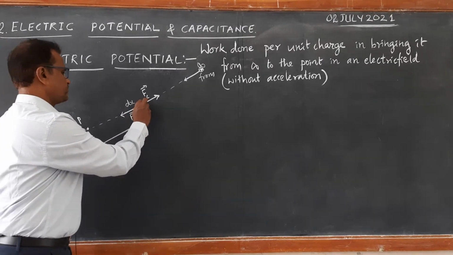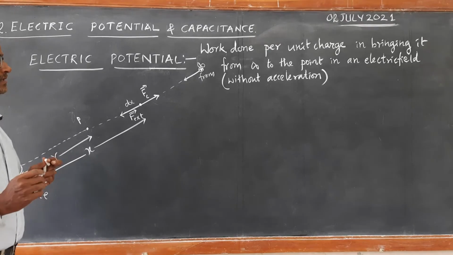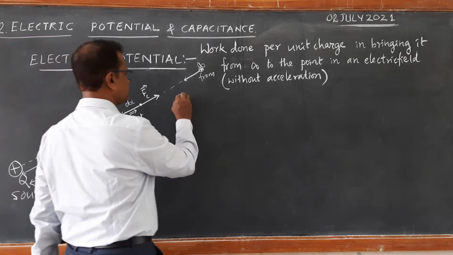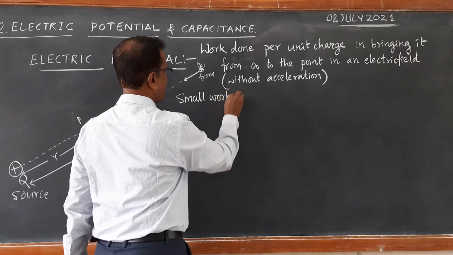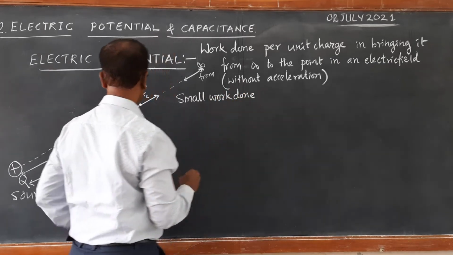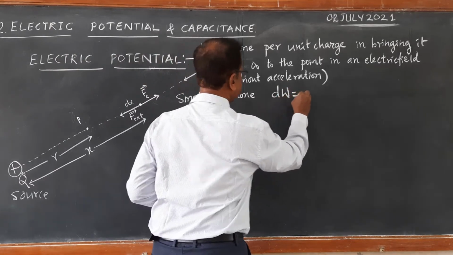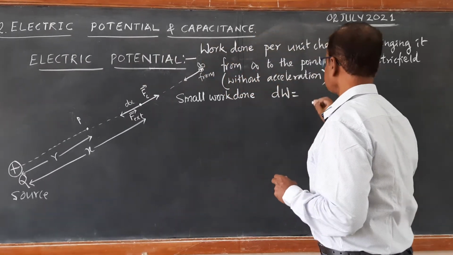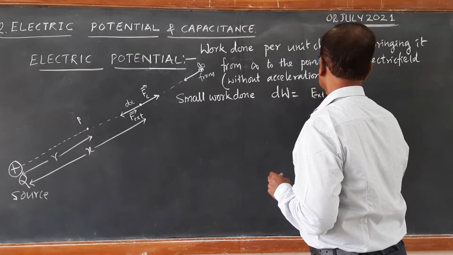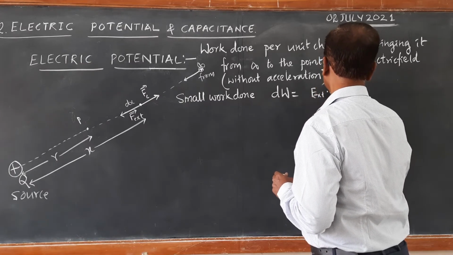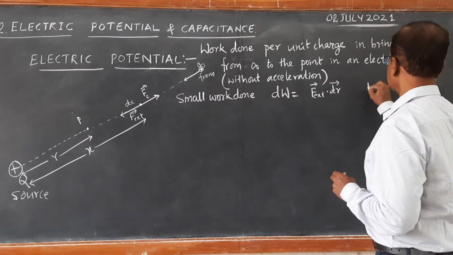So what is that small amount of work done per unit charge? Let us calculate. Small work done through small displacement dr, I will call it dW. dW is equal to F external dot dr. How is this F external?